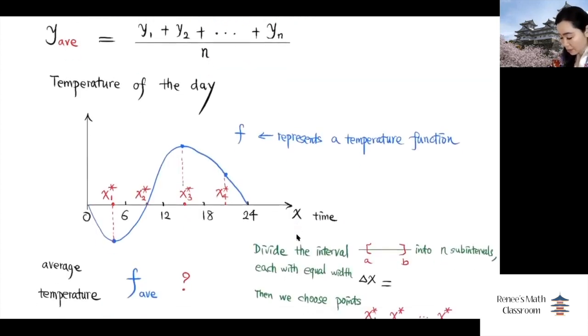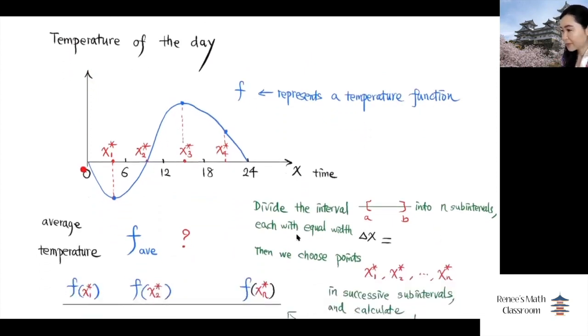Now, over here, we have a graph of the temperature of the day, from midnight and then 24 hours from then. So the temperature drops and then later on rises and then later on goes back to this.